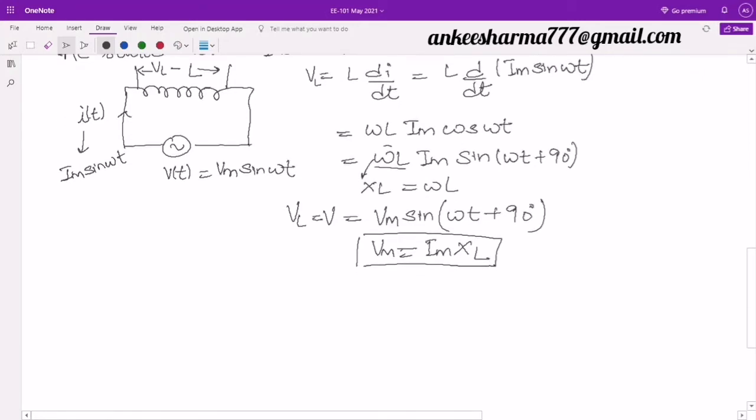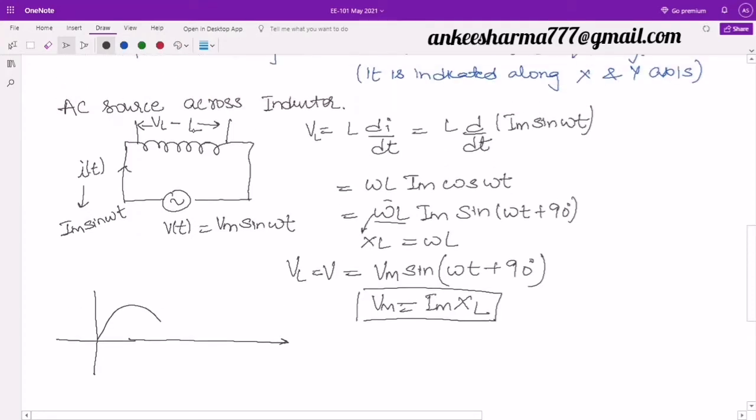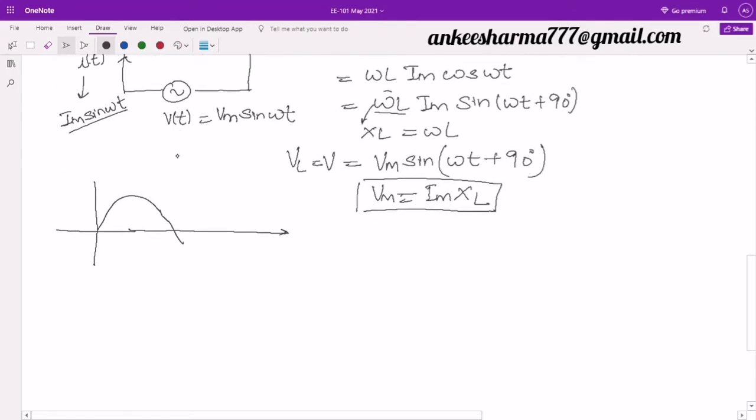And if I draw these sinusoidal signals, we will find the difference in comparison to the previous one. If I take my sinusoidal signal voltage as constant, or in this case I will take current as constant. Let us take Im sin omega t, it will be easy to draw it first. So this is my Im sin omega t.